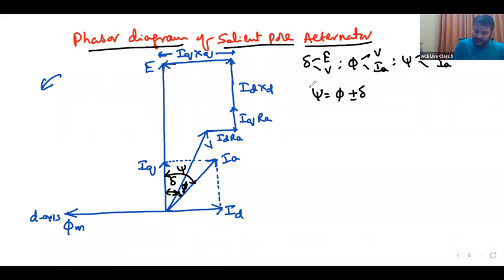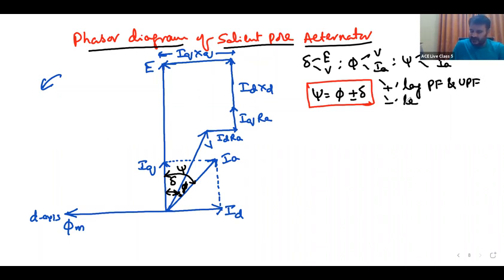Plus is for lagging power factor, and for UPF also use plus. Minus is for leading power factor. That's the sign.